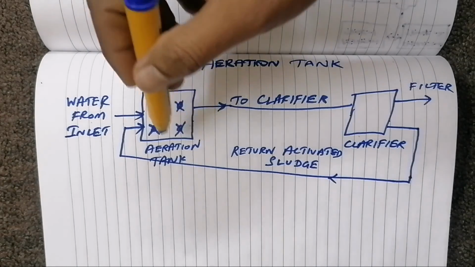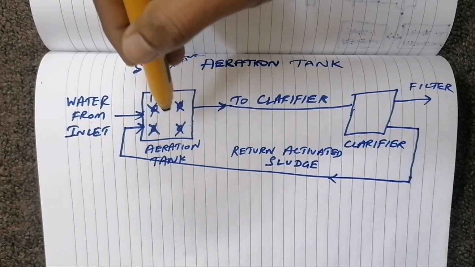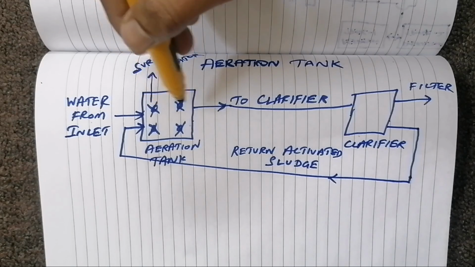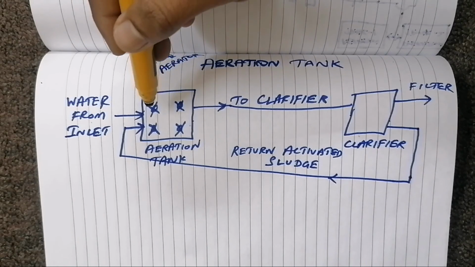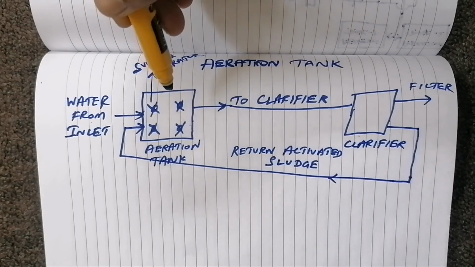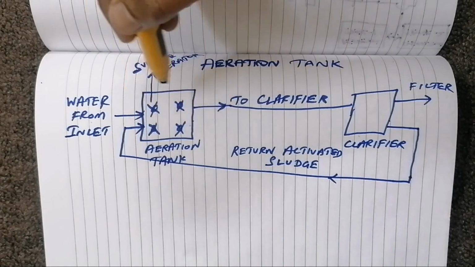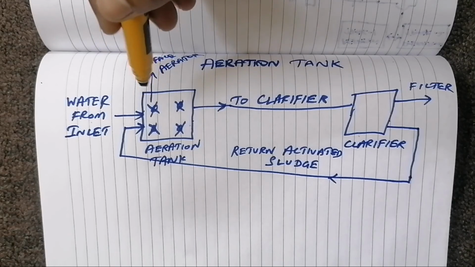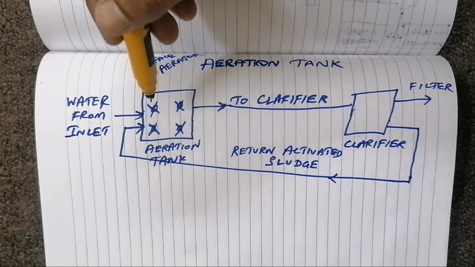Once the biological process is happening, it requires some time, maybe some 24 hours, or some days, so that the nitrification process becomes very good. This is what is happening in the aeration tank: you convert ammonia, the toxic component, from the water into nitrate.